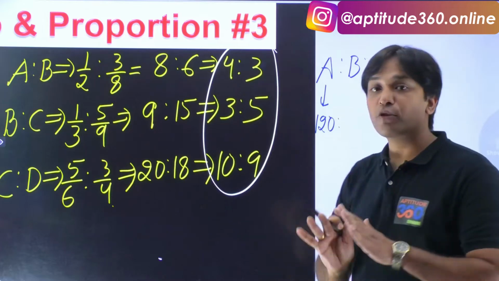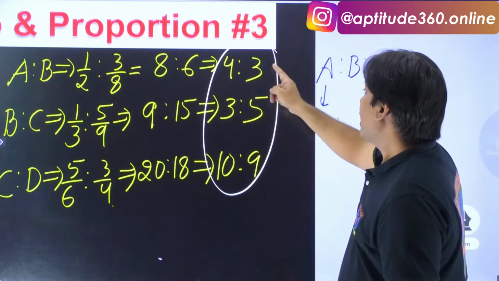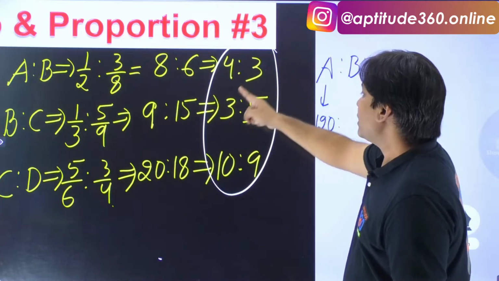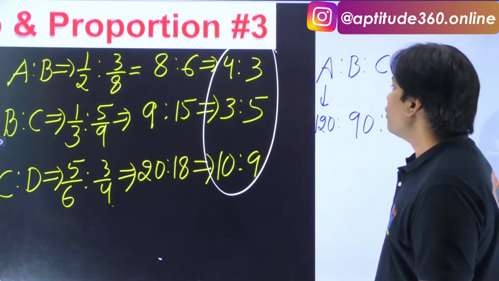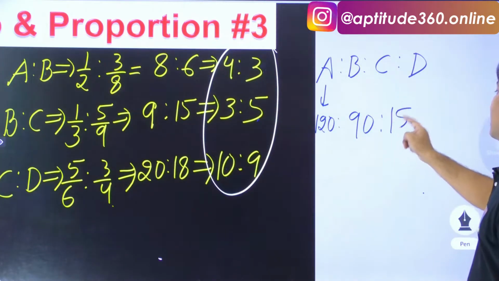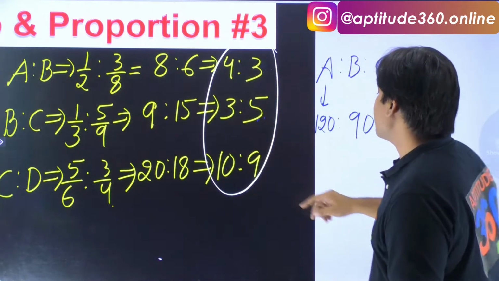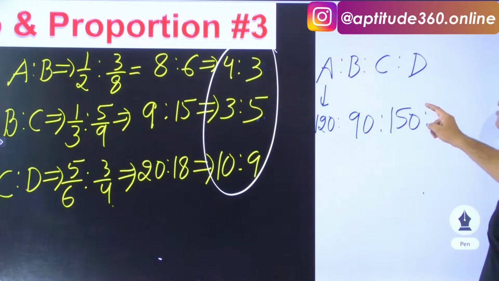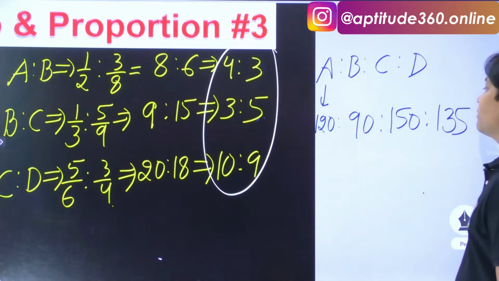No longer am I trying to make you understand this, probably you understand. 4, 3, 10. And then what is going to be the value of b? 3 into 3 into 10, which is going to be 90. And the value of c will be 3 into 5 into 10, which is going to be 150. And the value of d will come out as 3 into 5 into 9, which is going to be 15 into 9, this is going to be 135.